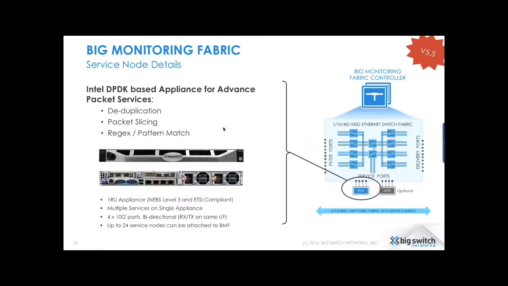So going forward, just as we took the notion of using economical bare metal or white box switches for the monitoring fabric, we are using x86-based appliances for advanced packet filtering and advanced packet processing functions. Same philosophy, decoupling the hardware innovation cycles from the software innovation cycles.